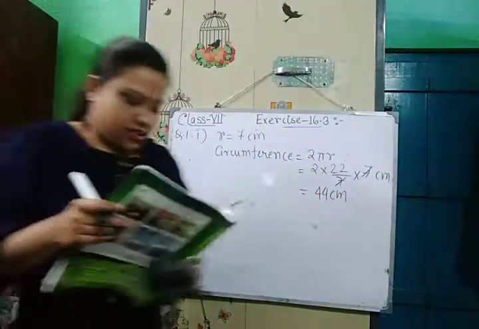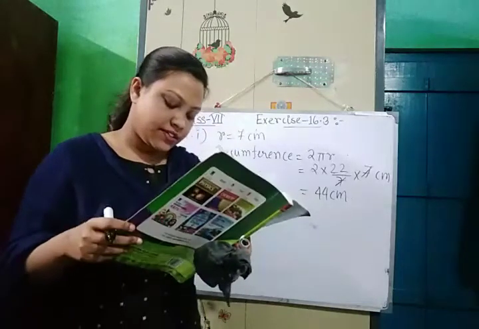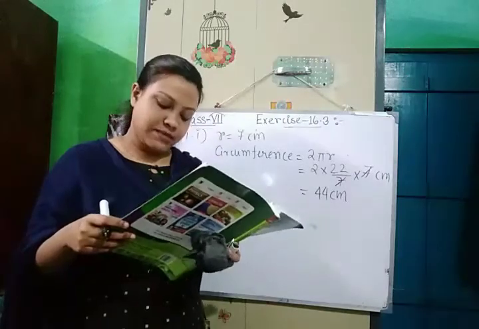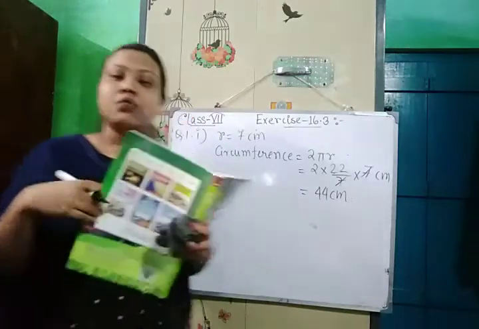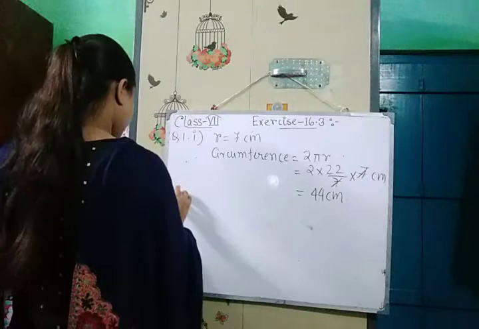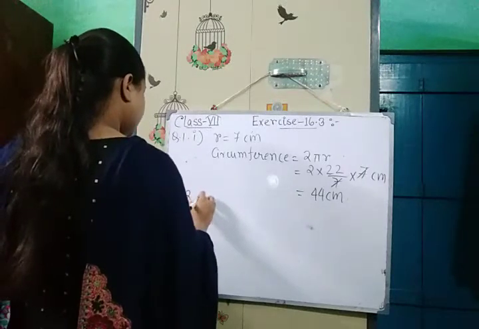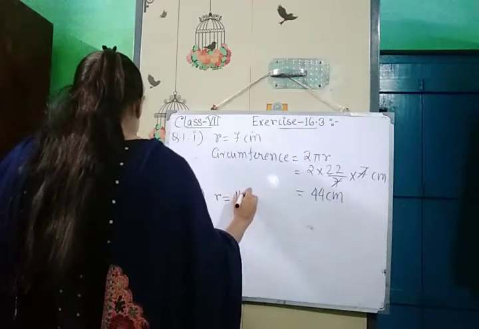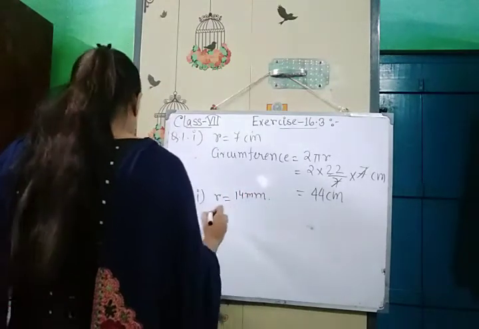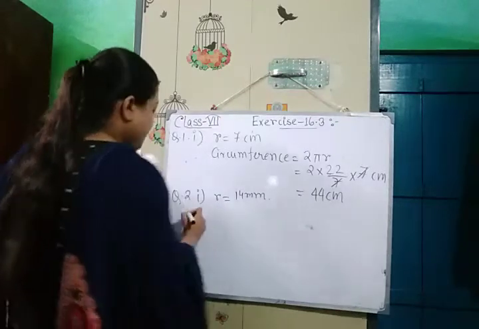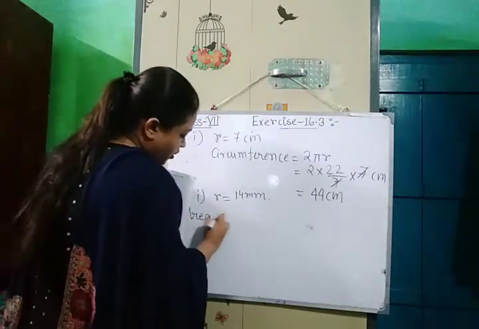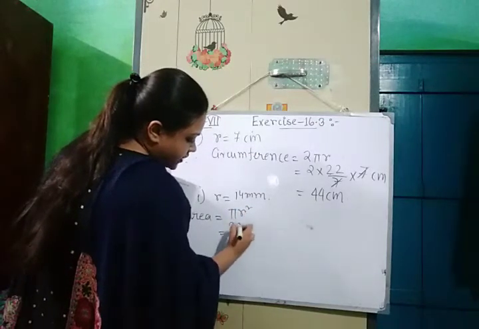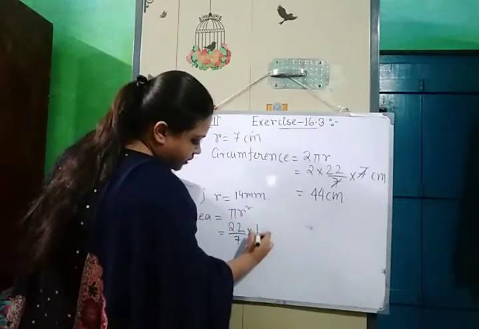Okay. In the next question, question number 2, find the area of the circles where the radius and the diameter are given. So 2's 1, where radius is given, small r equals to 14 millimeter. Now we are going to find out the area. You all know the formula of area, pi r square. So pi is 22/7 and r square means r into r.